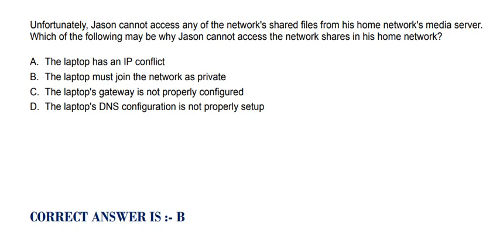Which of the following may be why Jason cannot access the network shares in his home network? And the options are: option A, the laptop has an IP conflict. Option B, the laptop must join the network as private. Option C, the laptop's gateway is not properly configured. And option D, the laptop's DNS configuration is not properly set up. The correct option is option B.